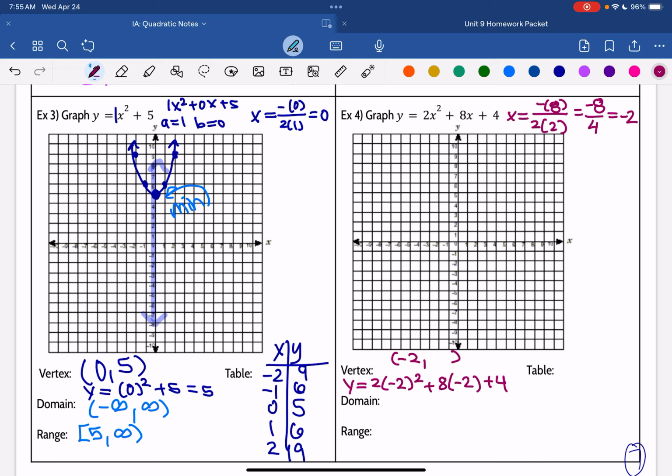So we have 2 times negative 2 squared plus 8 times negative 2 plus 4. So our vertex is at negative 2, 4. And then we can put that axis of symmetry in there.